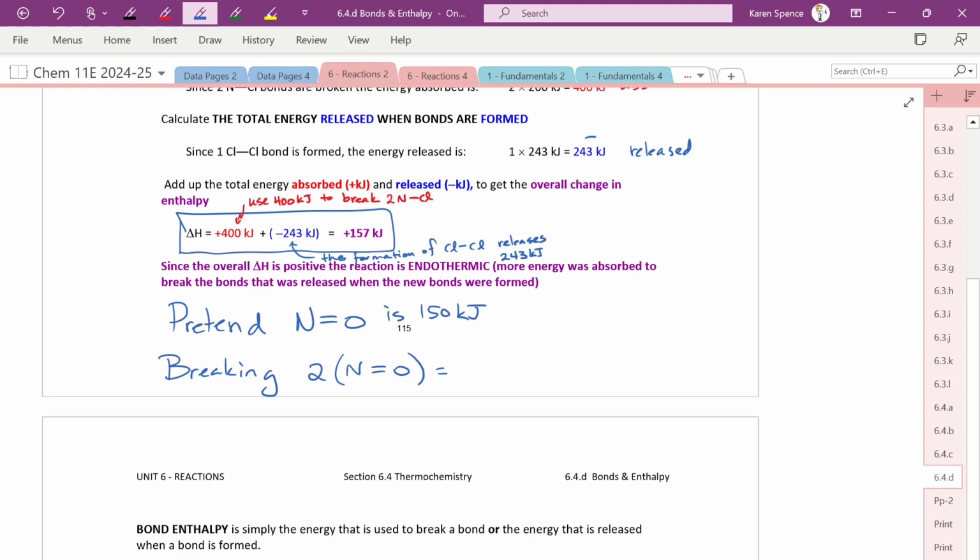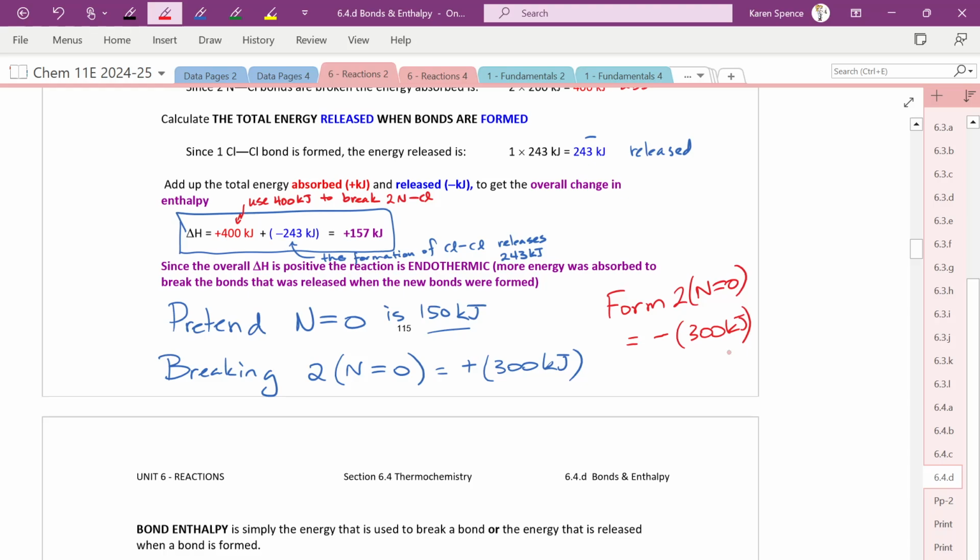So breaking is positive. If I'm breaking 2 of those, that would be plus 300 kilojoules, so 2 times 150, yes? And if I form 2 N double bond O's, that's going to give me negative 300 kilojoules. Do you see how those two would cancel each other out? Yes? So it's up to you whether you put those in or not.